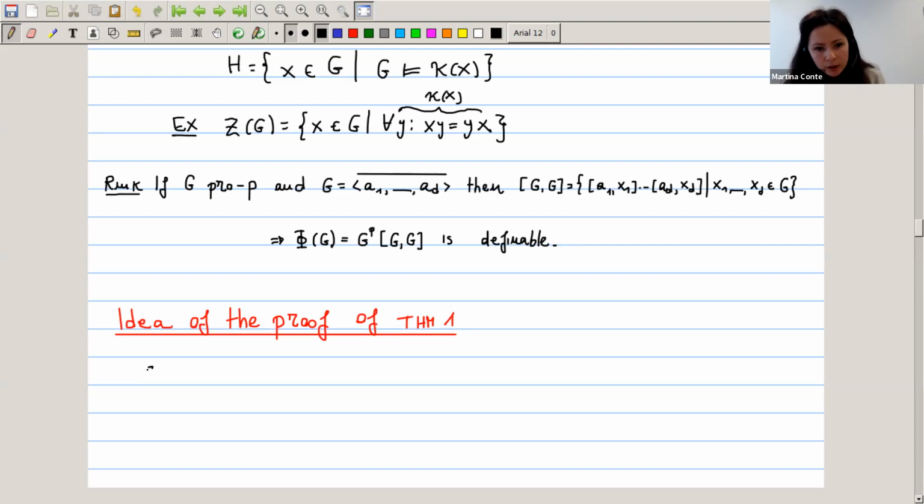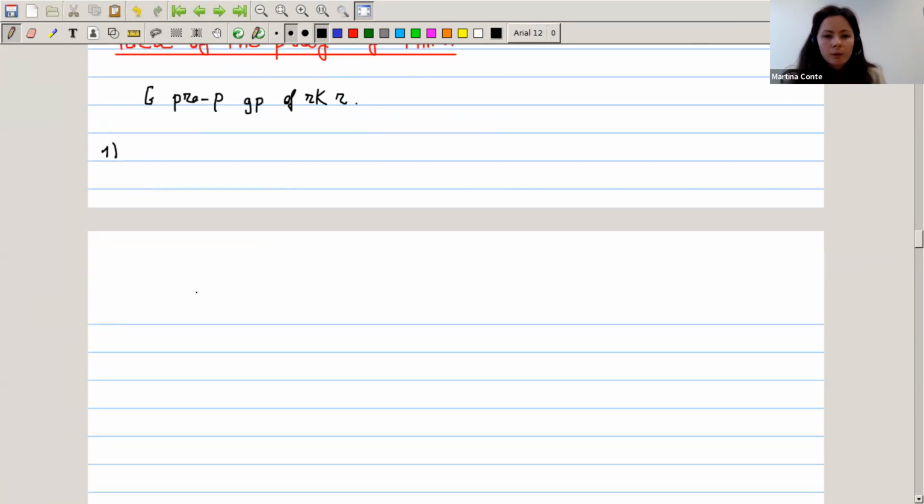So let's start with G, a pro-p group with rank R. Now, by the theory of p-adic analytic pro-p groups, we can find a normal subgroup F in G. So F will be an iterated Frattini subgroup of G, iterated by a number that depends on the rank, that has some good properties.